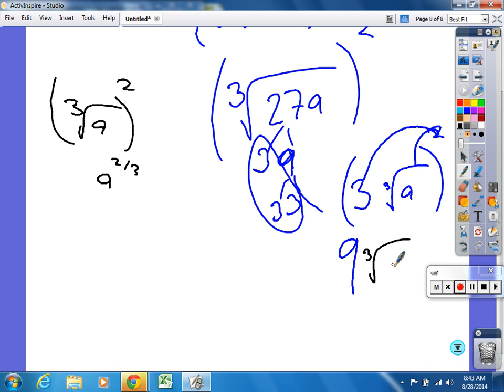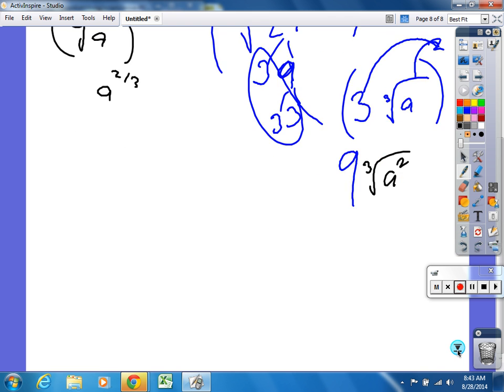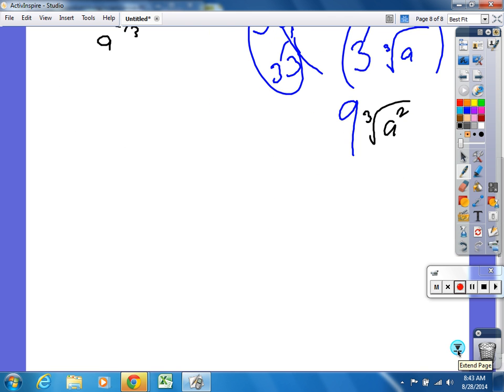Okay, so this is 9 cube root of a squared, or depending on if they want it in radical form or rational. Not quite sure what they want. They might tell you what they want on the test, right? They might want it in rational form. Is this in rational? This is radical. So what would it be in rational? 9 a raised to the 2/3. Okay, makes sense? Depends on what they ask.